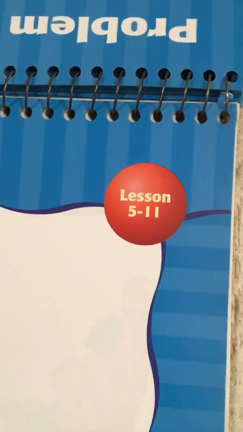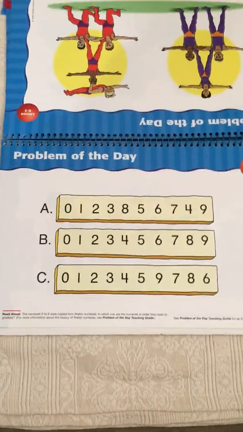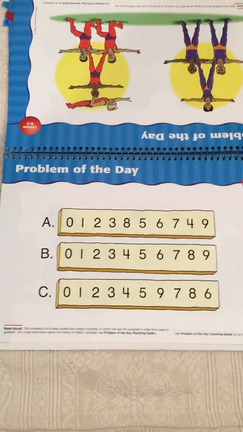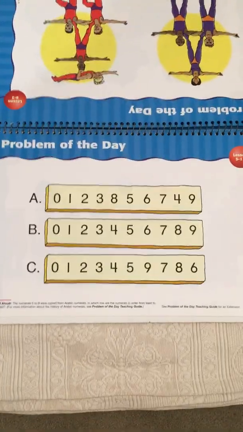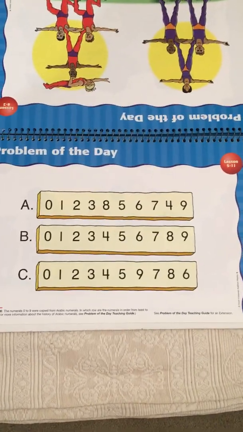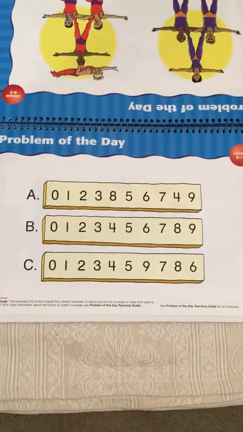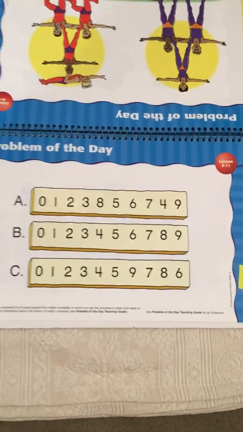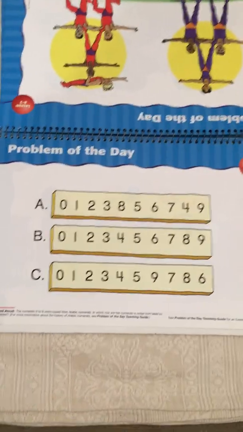Lesson 5, Chapter 11. All right, we have 3 rows of the numbers 0 through 9. But only one of them has them in correct order from least to greatest. Least meaning the smallest, greatest meaning the biggest.